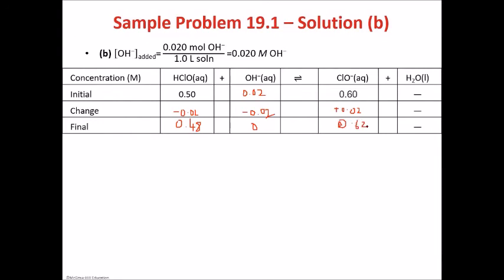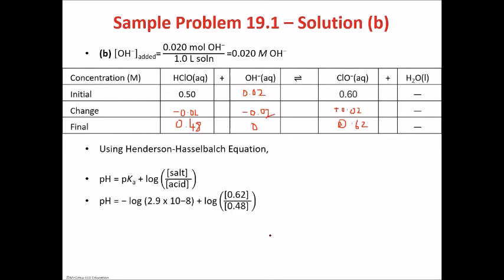Right. So you have the final concentration for the weak acid and its conjugate base. So you plug into the Henderson-Hasselbalch equation. pH equal to pKa plus log salt over acid. So here pH equal to negative log 2.9 times 10 negative 8 plus log 0.62 for the salt divided by the weak acid 0.48. So that you have 7.66.